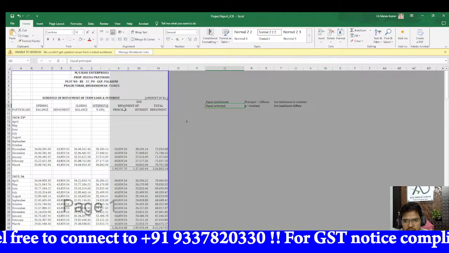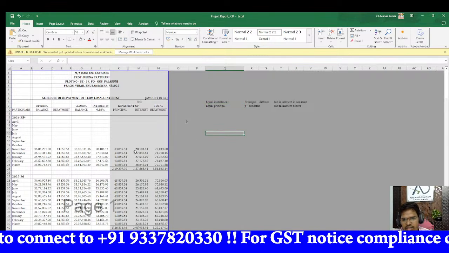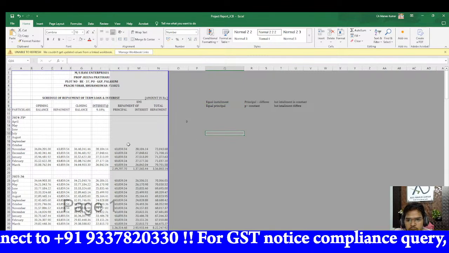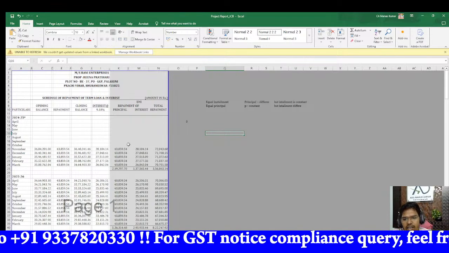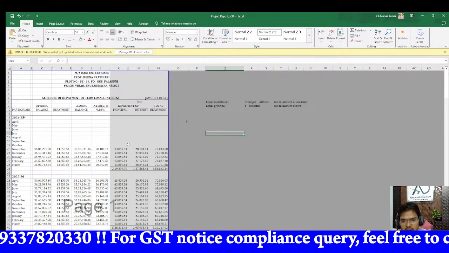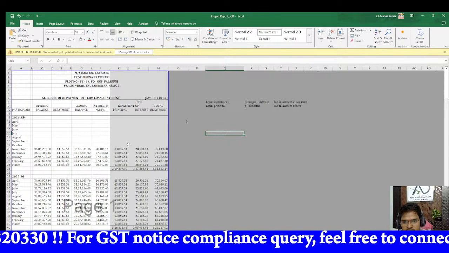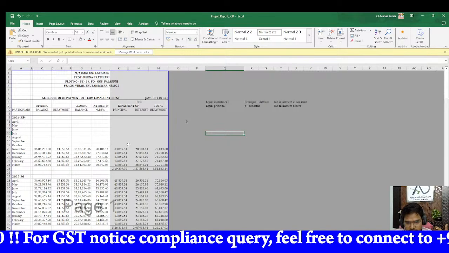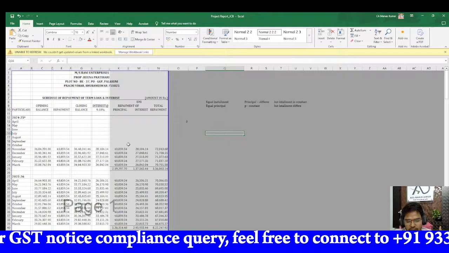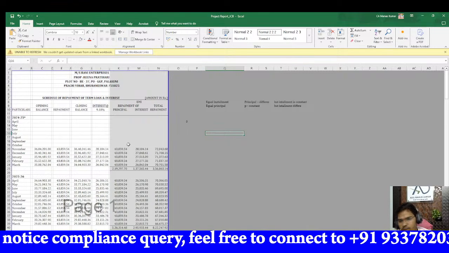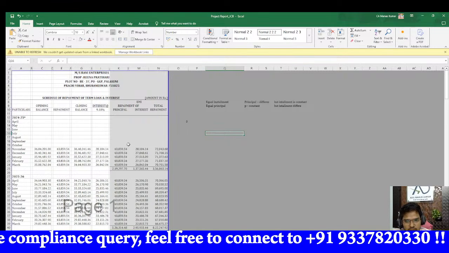Then how will I find out the equal principal? What will be the amount of the equal principal, so that we can pay the amount equally over the period of the term of the loan?